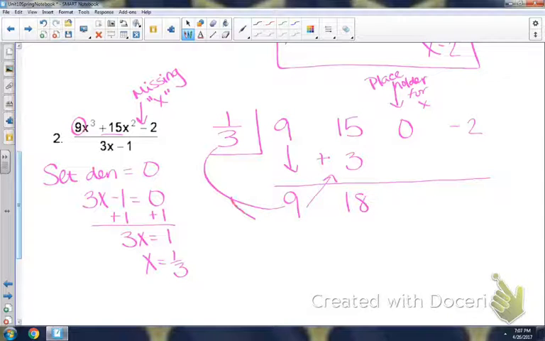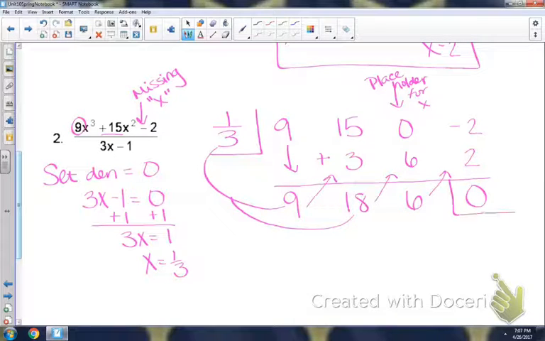Then 1/3 times 18, basically you're just dividing it by 3. So 18 divided by 3, you get 6. That answer goes here. We're adding 0 and 6 to get 6. Then we multiply 1/3 times 6, which is the same thing as 6 divided by 3, and we get 2. That answer goes here. -2 plus 2, we get 0.